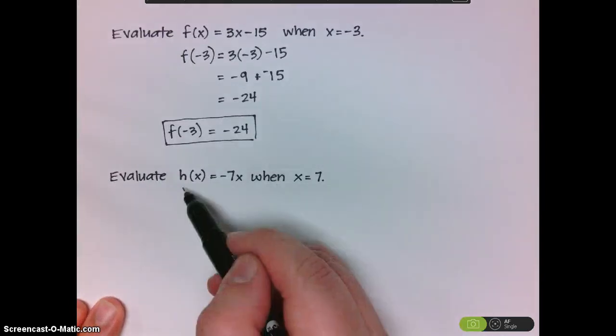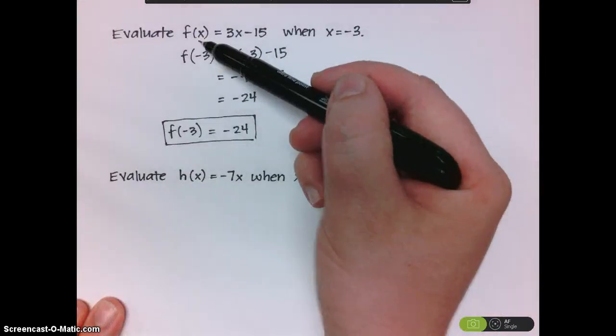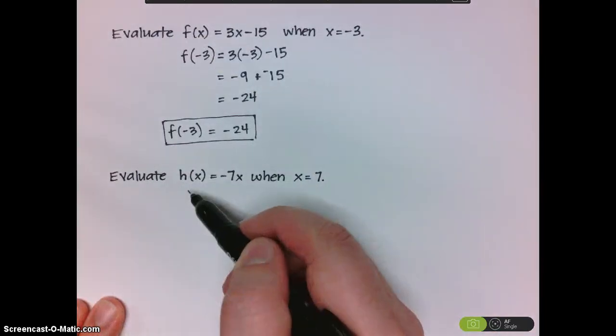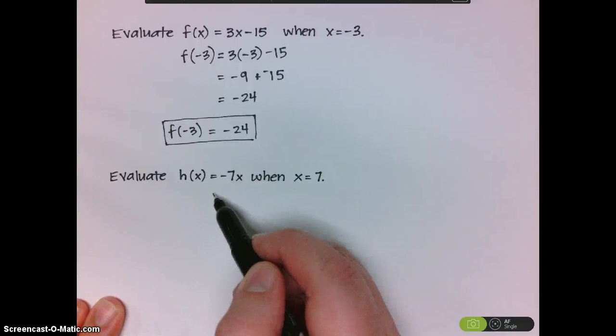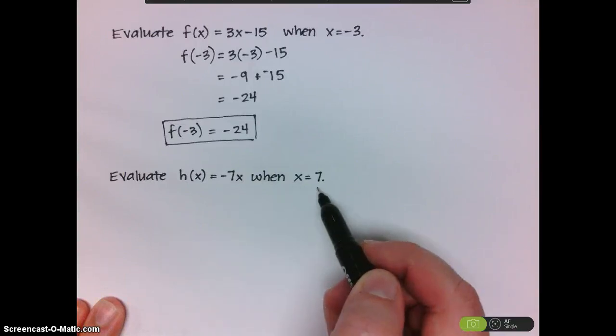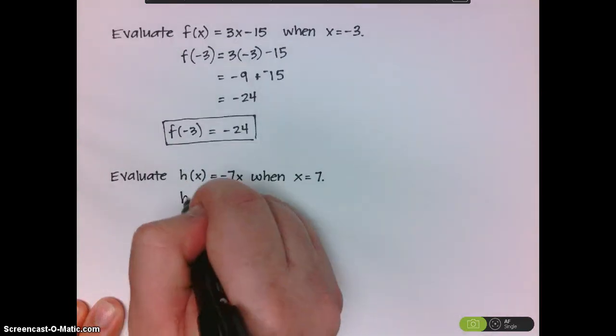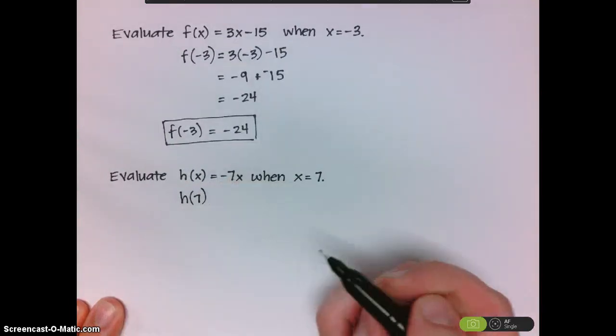And I can also have a different letter in front. Okay, before I had the function f of x, now it's the function h of x. Very similar. This time it's equal to negative 7x when x is equal to 7. So I want to find out what this function h is when I plug in 7.